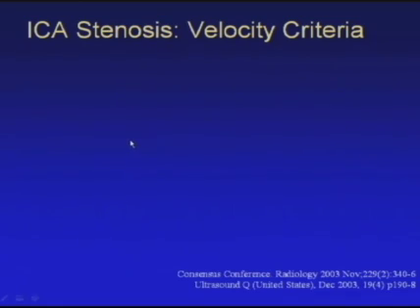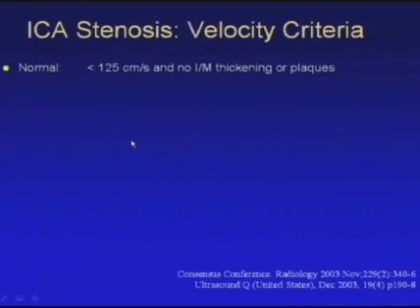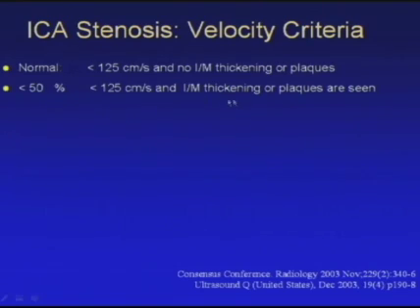Those are the velocity criteria recommended by the panel of experts. We can say that we have a normal carotid artery when there is no intima-media thickening or plaques, and the velocity is less than 125 centimeters per second. This is normal. If we see any plaques or any intima-media thickening, but the velocity is less than 125 centimeters per second, then we have a non-significant stenosis, less than 50%.